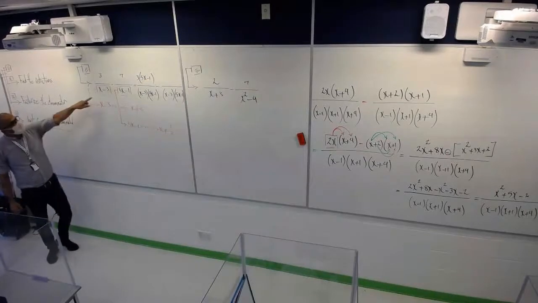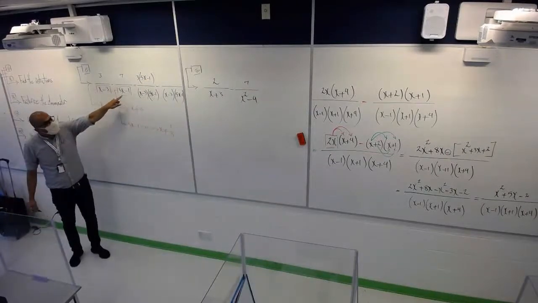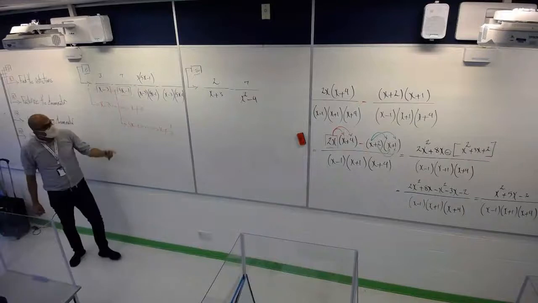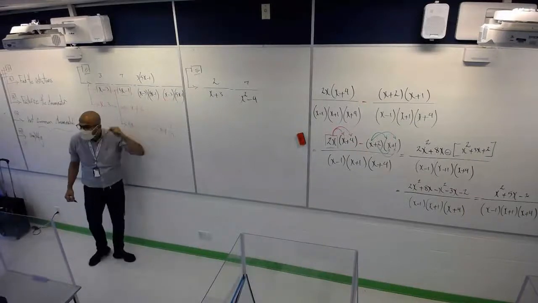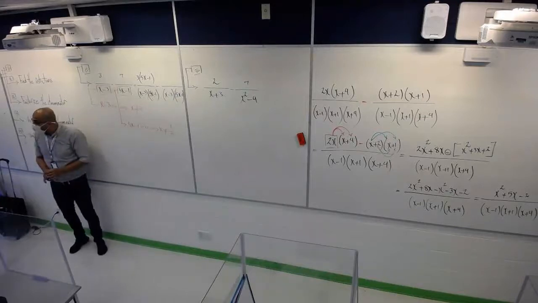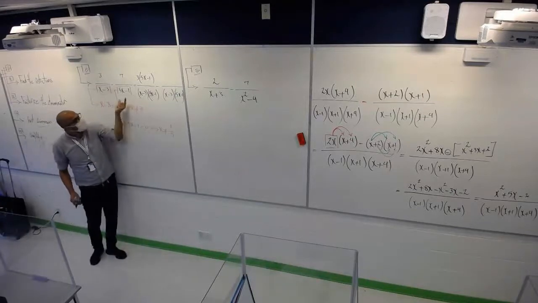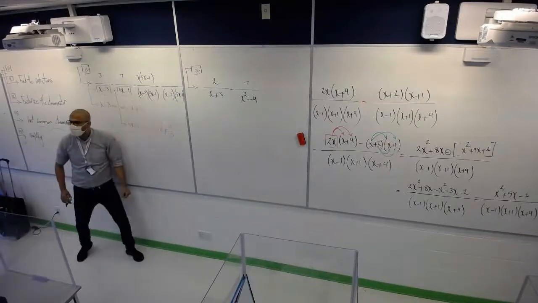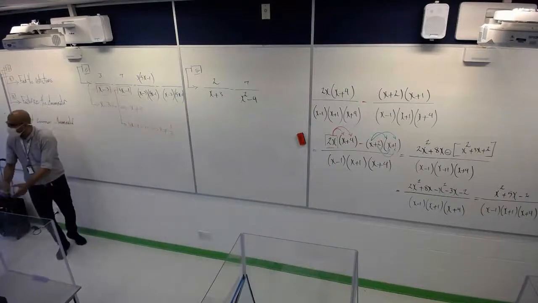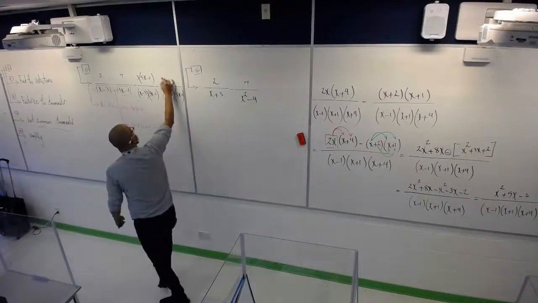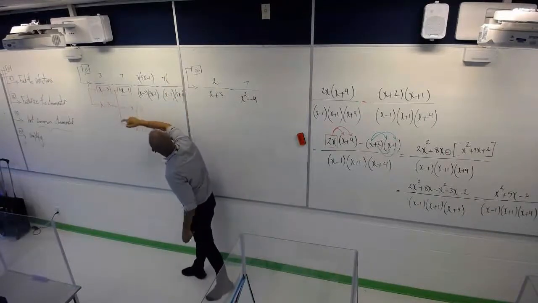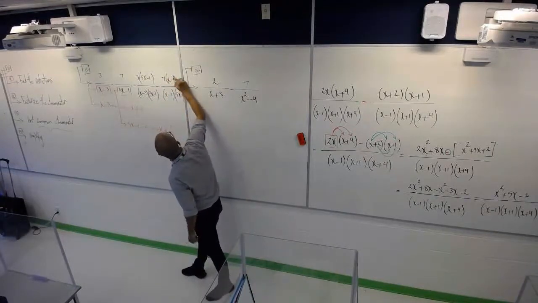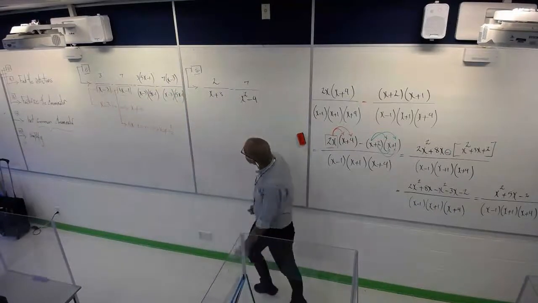Now we see that we have 5x minus 1, but the common denominator is 5x minus 1 times x minus 3, which means that you multiply this one by x minus 3. And now, social justice, we also multiply the numerator by the one which we missed there, which is x minus 3. And you can continue.